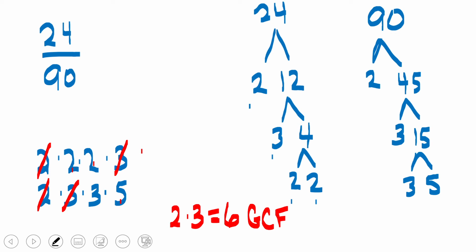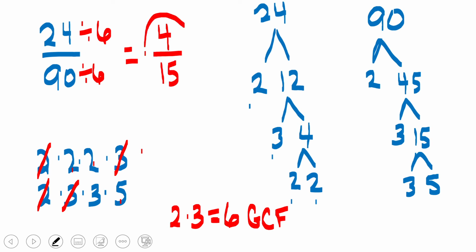That will reduce the fraction 24/90ths the fastest. Divide the numerator and the denominator by this greatest common factor that we found. We would get 4/15. That's our completely reduced fraction.